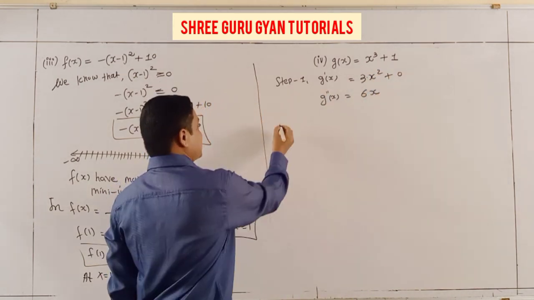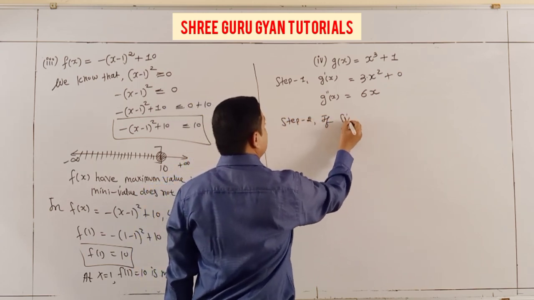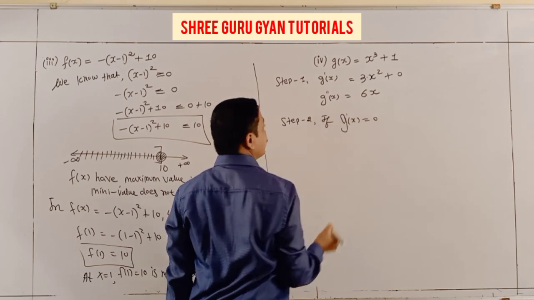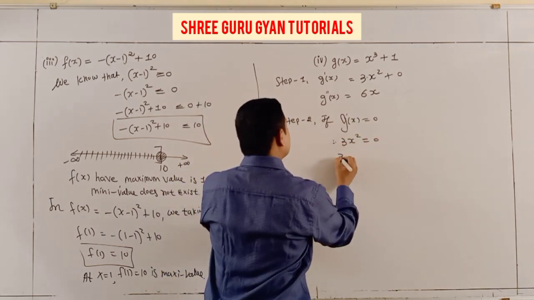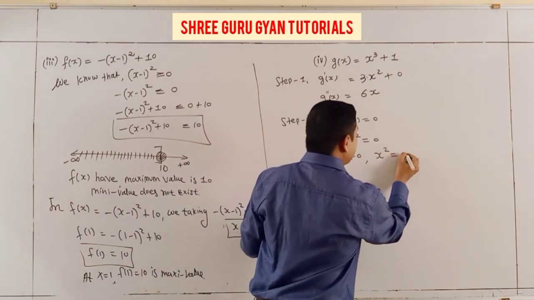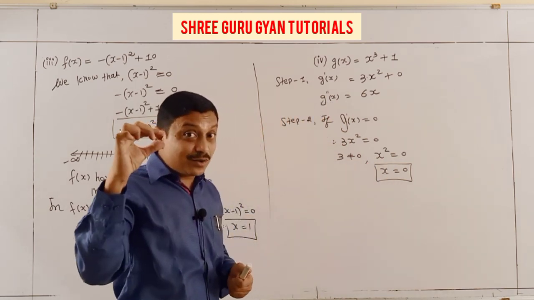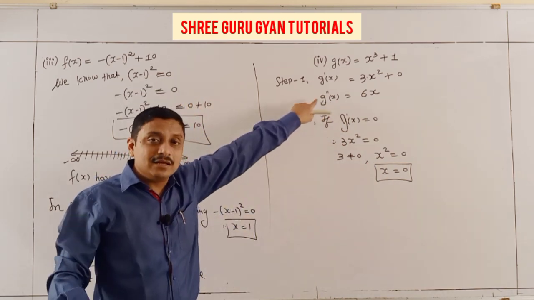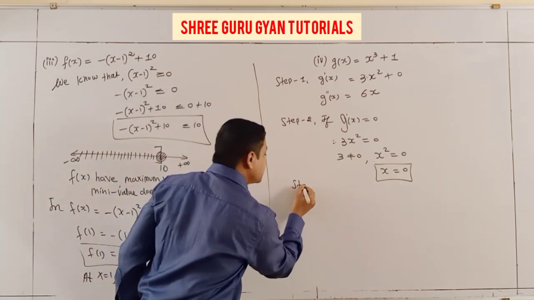Now step 2, g dash equal to 0. But 3 is never 0, students. So you have only x becomes 0. Check x equal to 0 in the double dash test, whether it is a positive value or negative value. That's your step 3.